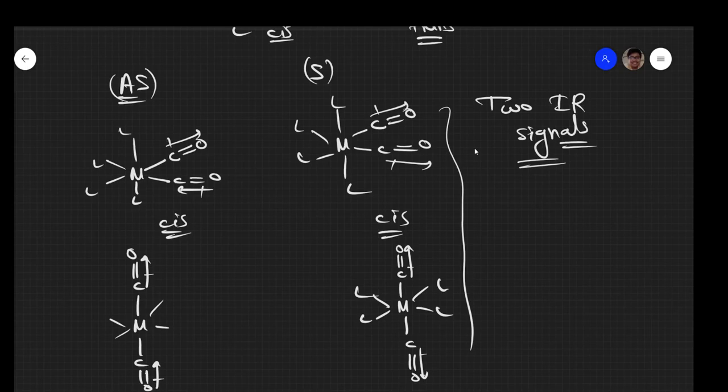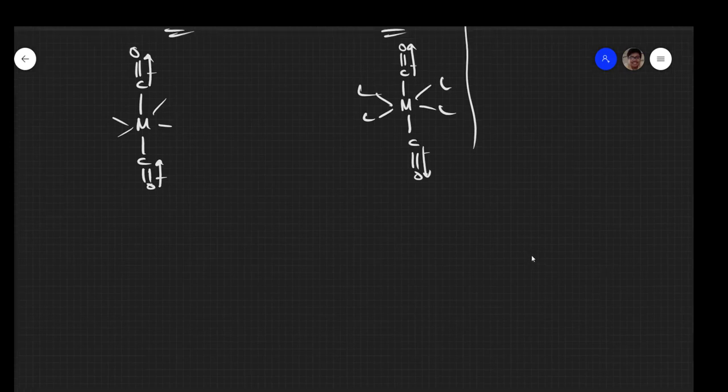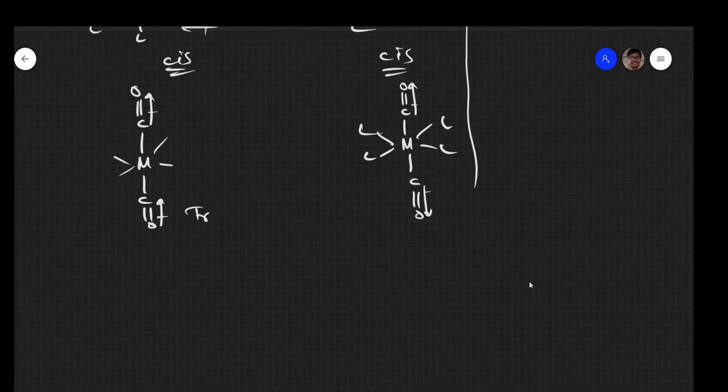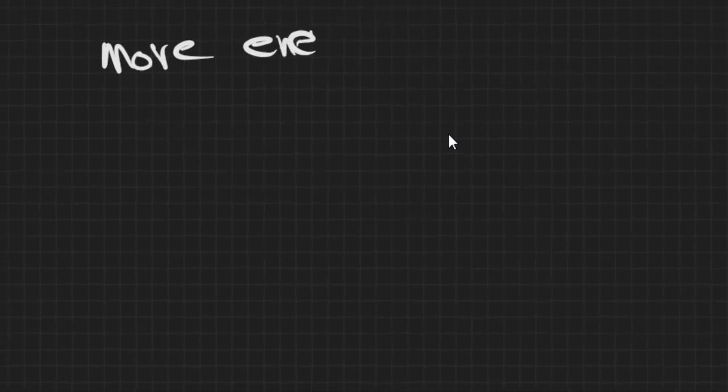Now, what about the energies and the intensities? Let's suppose this is the trans one. For the symmetric stretch, we have to expand both of the CO, so this needs more energy, right?